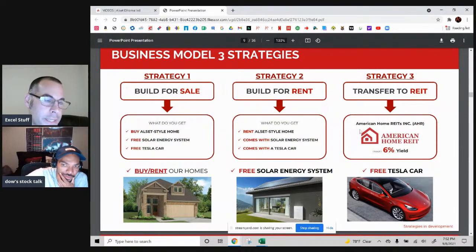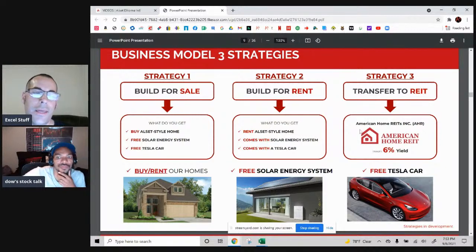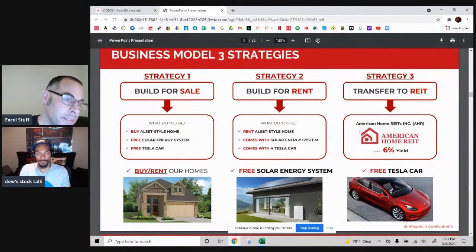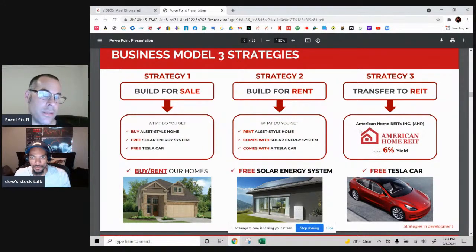You could buy doctor's offices, any type of real estate, and then the REIT owns the properties and rents them out to people or businesses, and all the profits are paid out to the shareholders. So they have to pass through at least 90% of the rent and lease payments out as dividends.